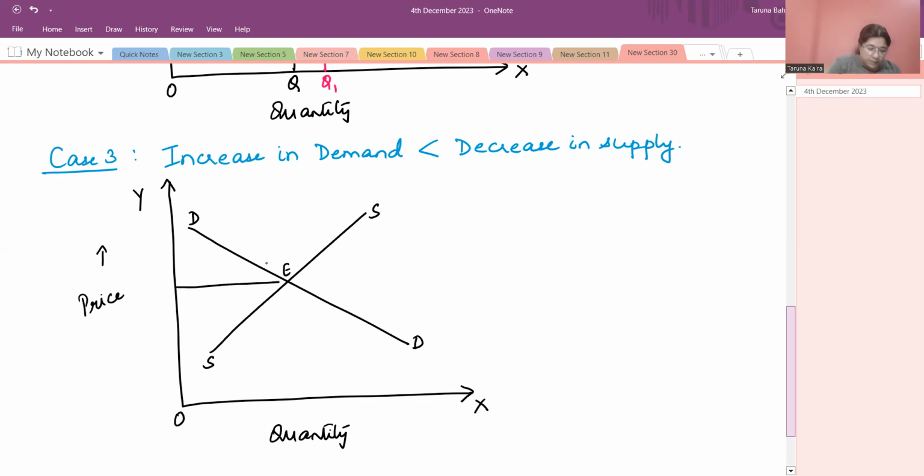At this point, OP is the equilibrium price and OQ is the equilibrium quantity.